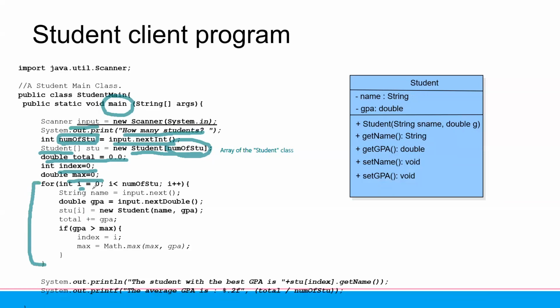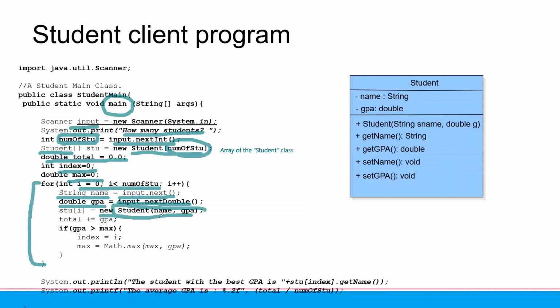So I will do the for loop, for i from 0 until the number of students. You will input the name, which is a string, and you will input the GPA, which is a double. And then you will need to enter the student name and GPA.